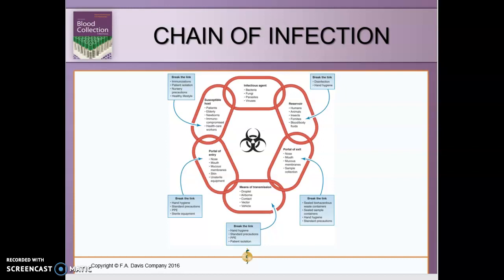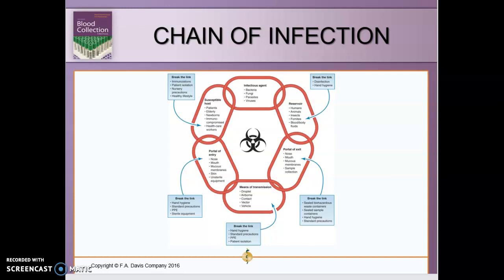So you have the infectious agent, which is bacteria, fungus, parasite, or viruses, and then you have the reservoir. The reservoir can be the human, the animal, the insect, the fomite, or blood or body fluids. That's where you can find the infectious agent. Then you have a portal of exit, which can be the nose, mouth, mucous membranes, or the site of a sample collection.